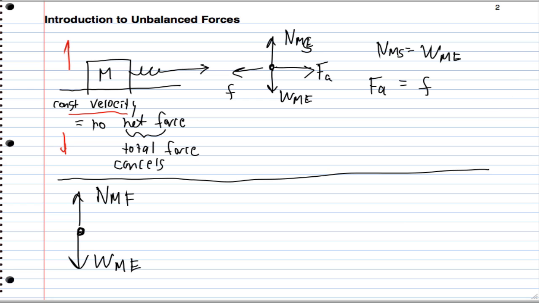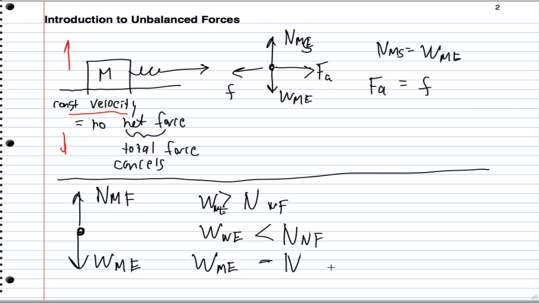And we're going to look at situations where weight is bigger than the normal force, situations where weight is less than the normal force, and situations where weight is exactly equal to the normal force.